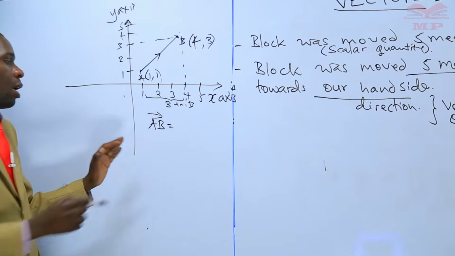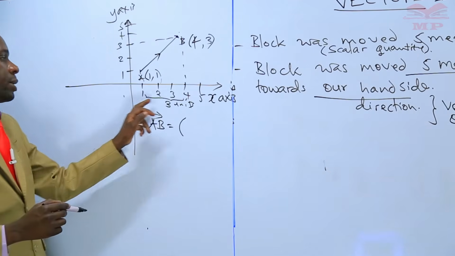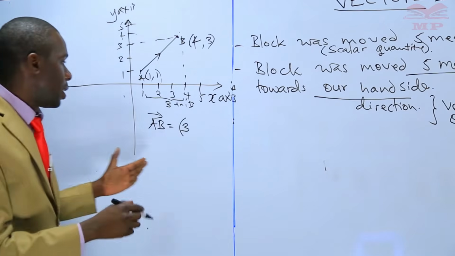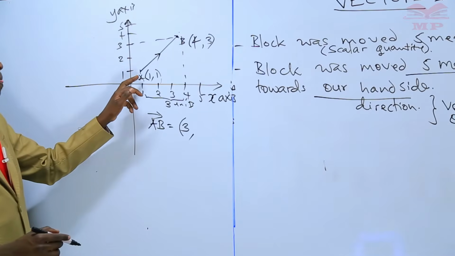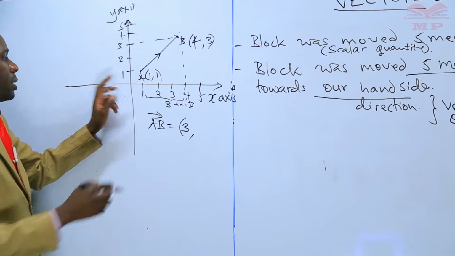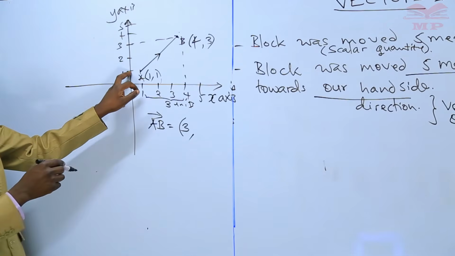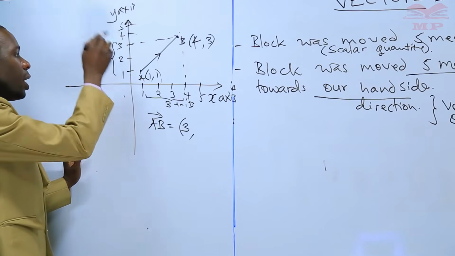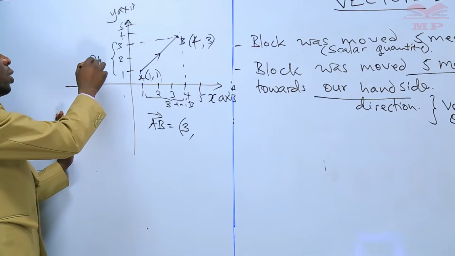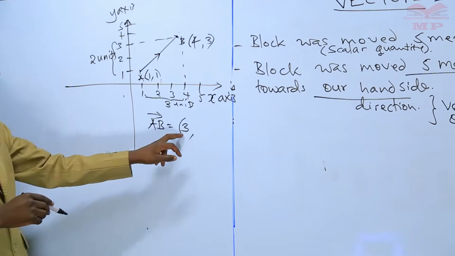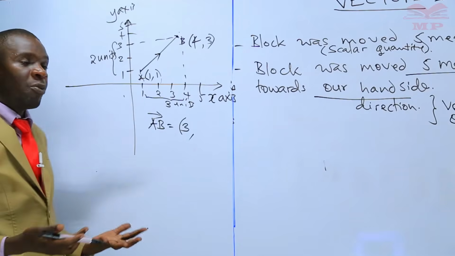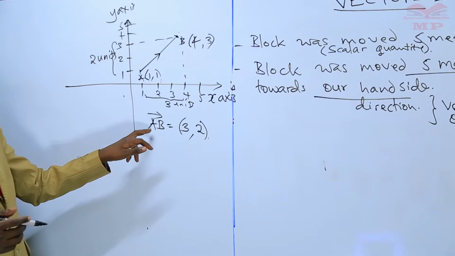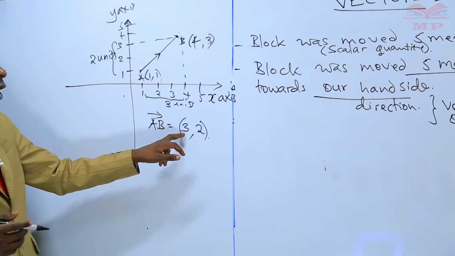So we can write vector AB as 3 units to show how we have moved on the x-axis, and write the second part as: we have moved from 1 up to 3 on the y-axis. That is a difference of 2 units. So in the y-axis, the movement from A to B was 2 units. So we can represent this vector and say that our vector AB is (3, 2).